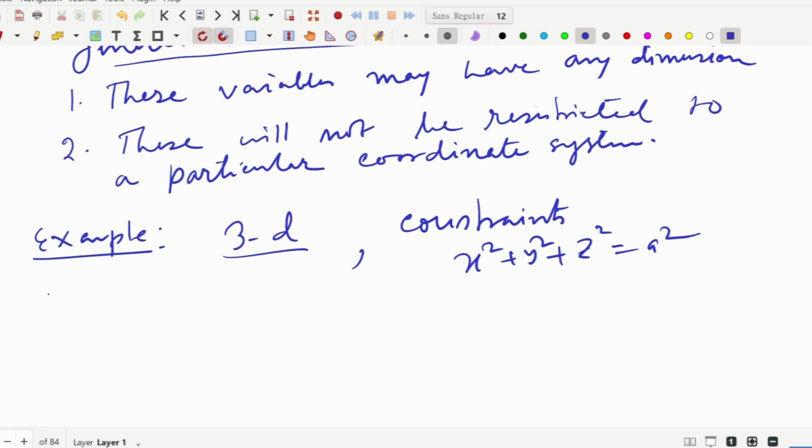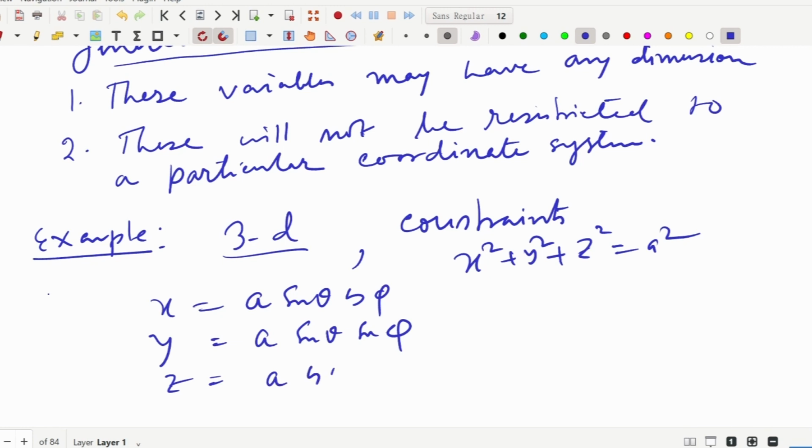One can show that in spherical polar coordinates, if you use x equal to a sin theta cos phi, y equal to a sin theta sin phi, and z equal to a cos theta, this will satisfy the condition x squared plus y squared plus z squared equal to a squared.